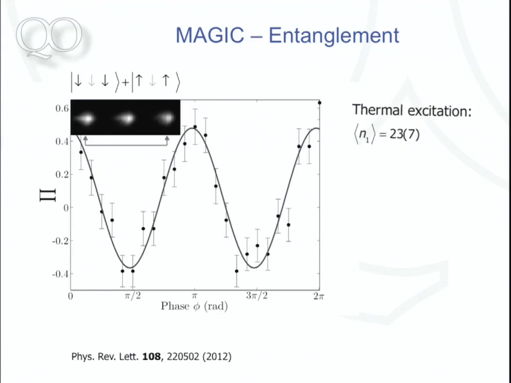Okay, and the whole experiment was actually done using a thermally excited ion string. So this is an important feature because the spin-spin coupling should not be very sensitive to thermal excitation.